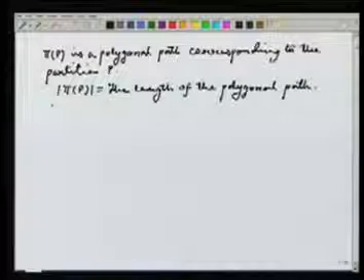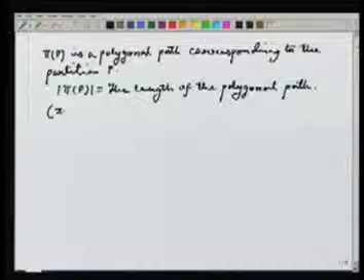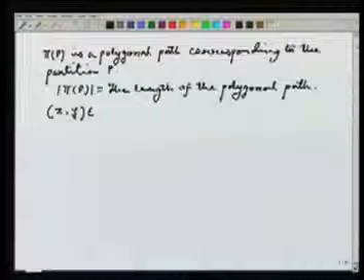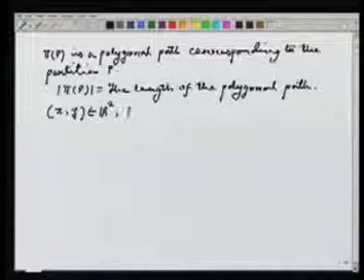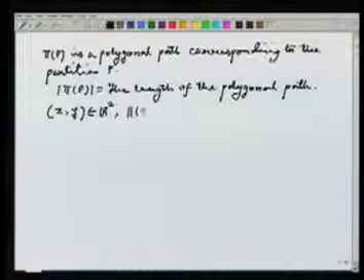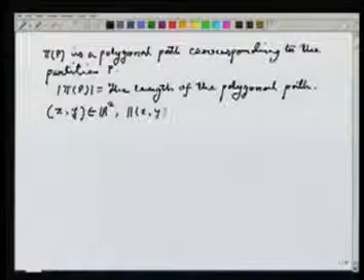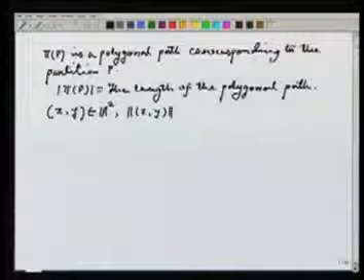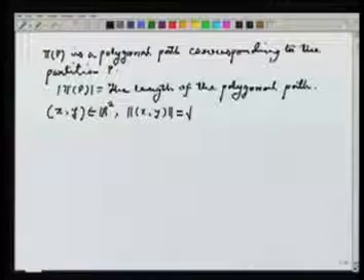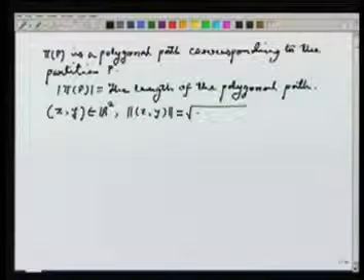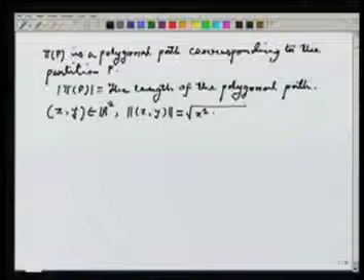Now given any point (x, y) in R2, I define by norm of (x, y) the distance of the point from the origin given by the Euclidean distance, which you know from coordinate geometry is given by the square root of x squared plus y squared.